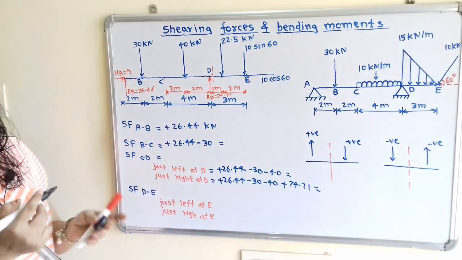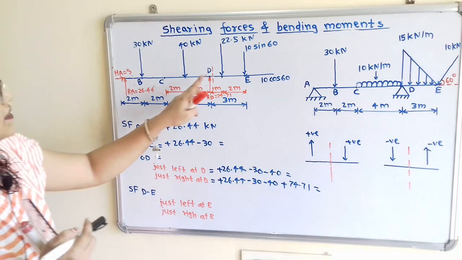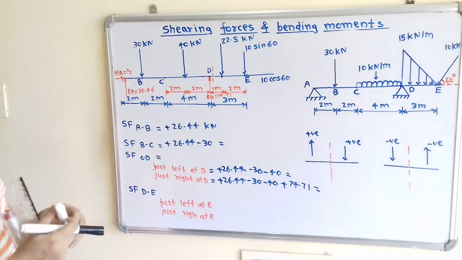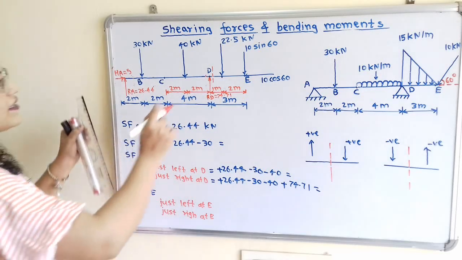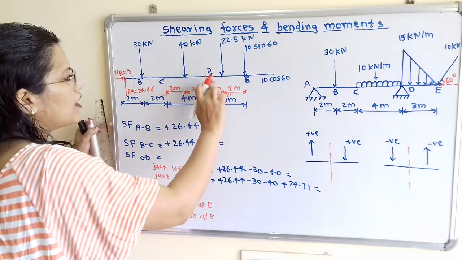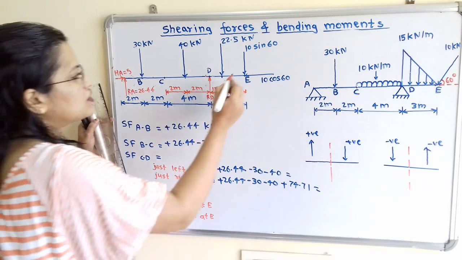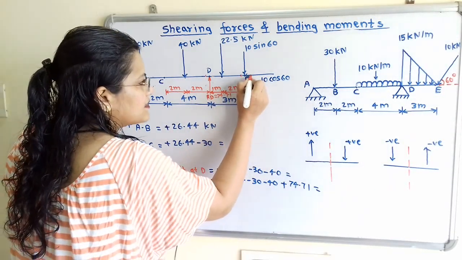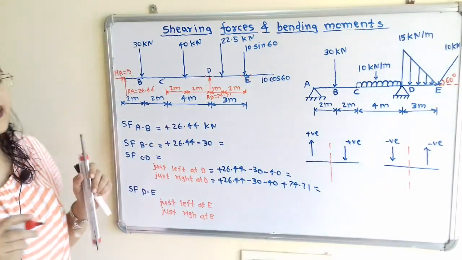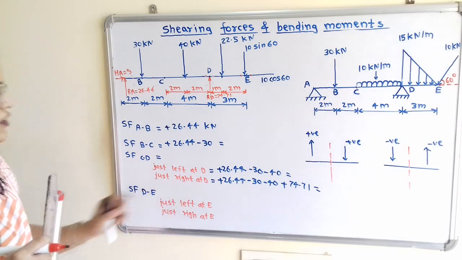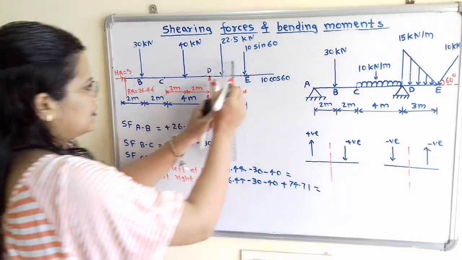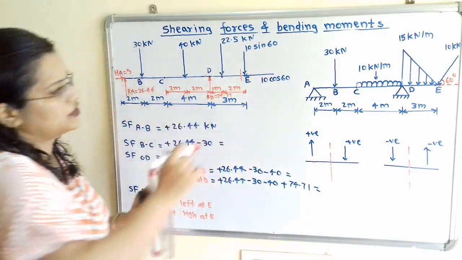Now we will move to the next. So the next section is section DE. Now if we observe at point E, there is the point load. So again we will consider the 2 points, which is just at the left hand side and second just at the right hand side. So first we will calculate just left hand side of the E. So I will show here the section line.